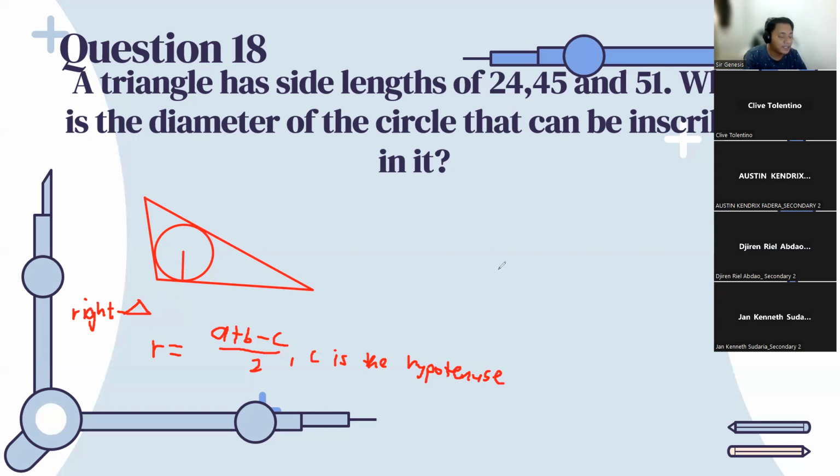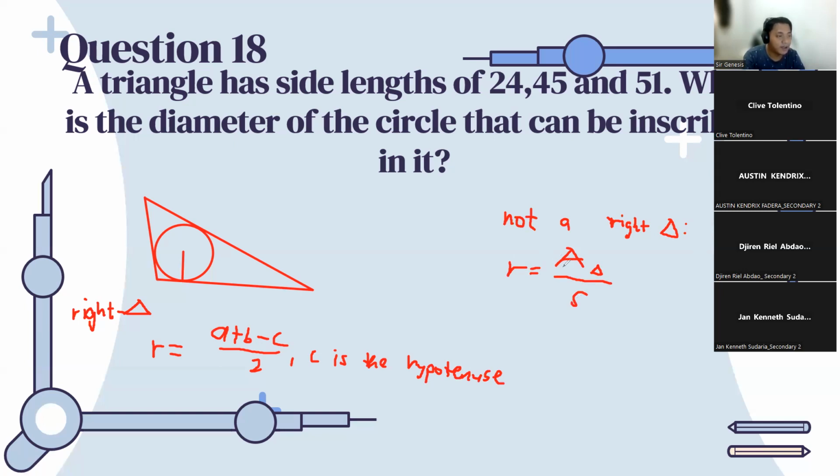However, if it is not a right triangle, so I'm just gonna write it here, then the formula will just be R is equal to the area of the triangle divided by the semi-perimeter of the triangle.